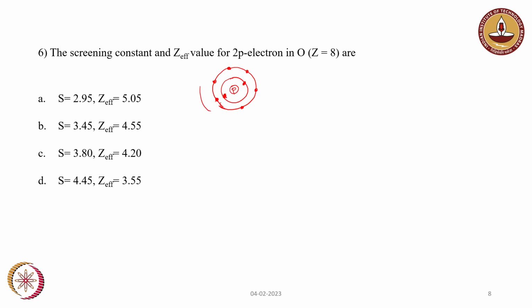It's because the electrons present closer to the nucleus can shield some of the nuclear charge, so all of the nuclear charge won't be able to attract the outer electrons.